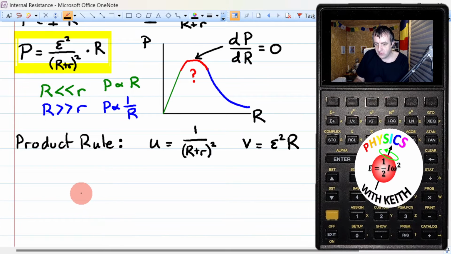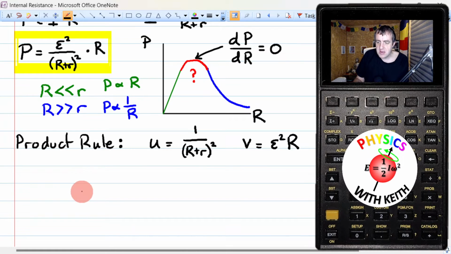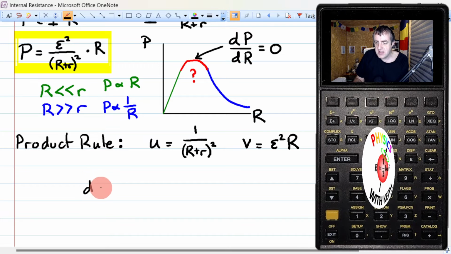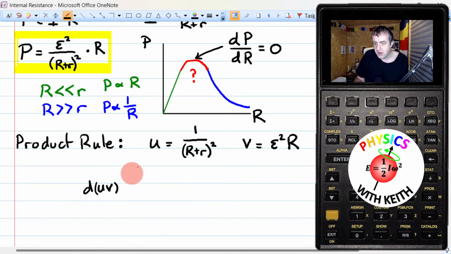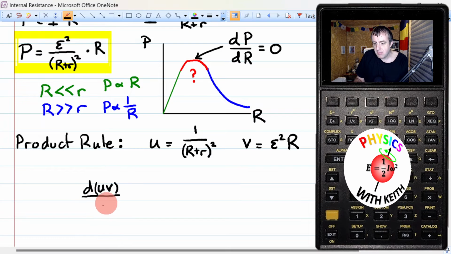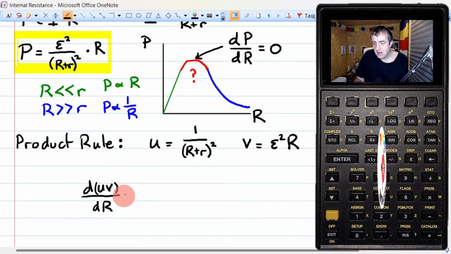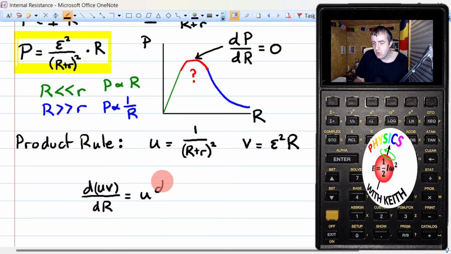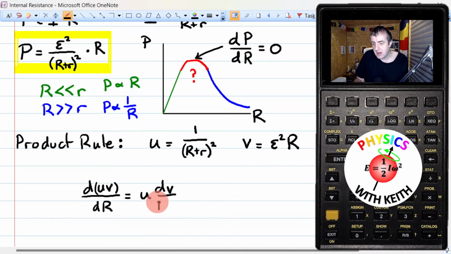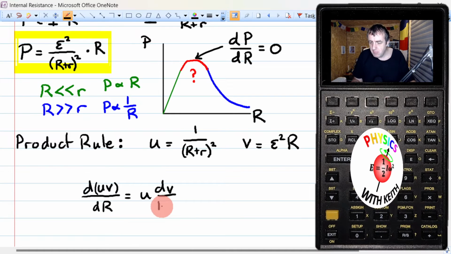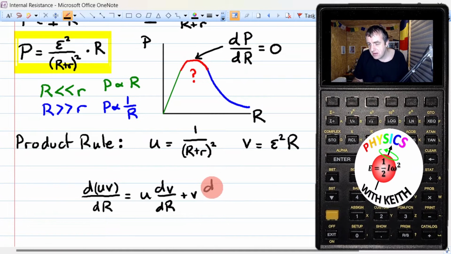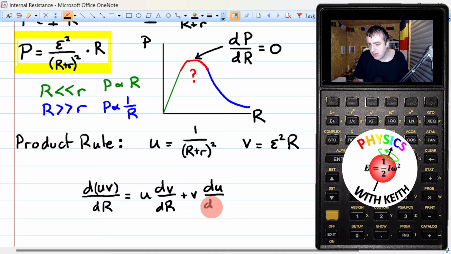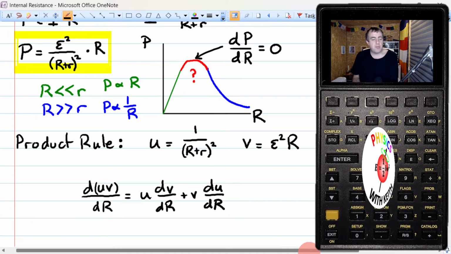What the product rule says is that d(UV)/dR, the product of these two functions, is going to be equal to U dV/dR plus V dU/dR. It's a nice easy one to remember. So that's the product rule.